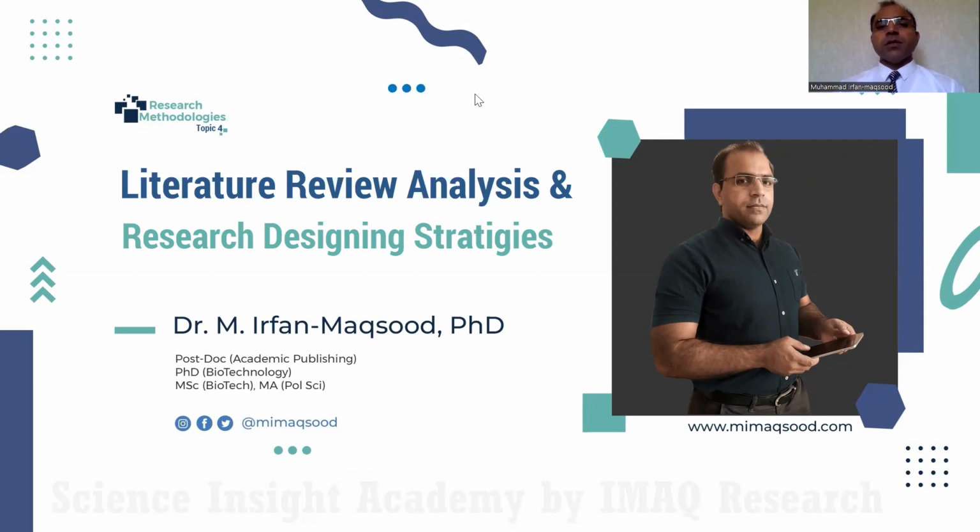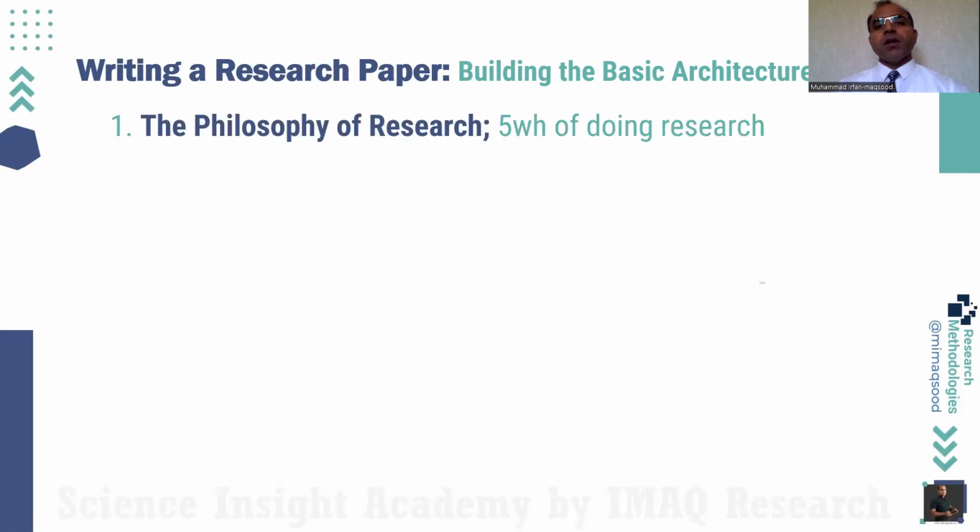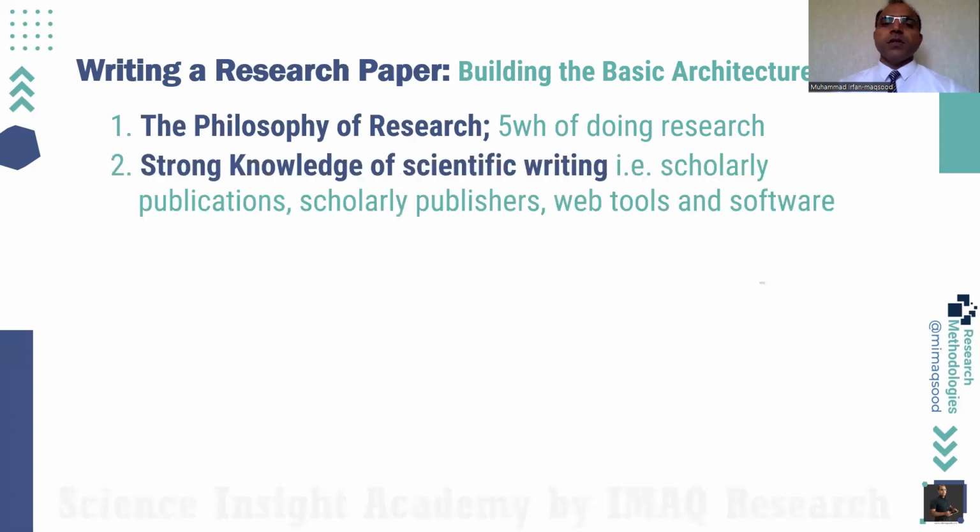We have talked in our previous sessions, in three topics, about how to write our papers. We discussed some basic components required to act as the base architecture of the paper. The first was the philosophy of research, which means we should know what we are doing, the 5 WH of doing the research.